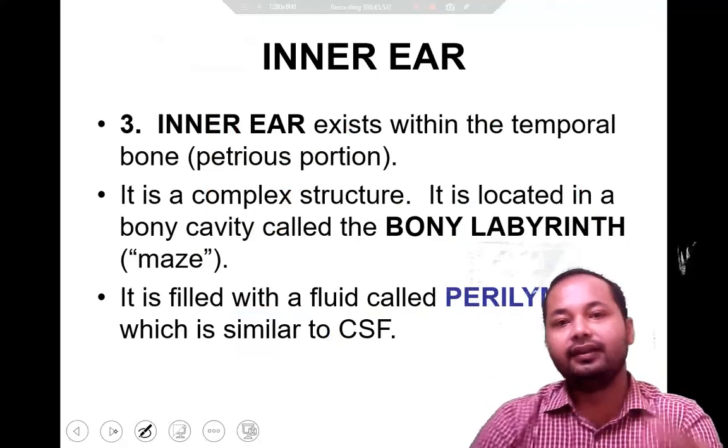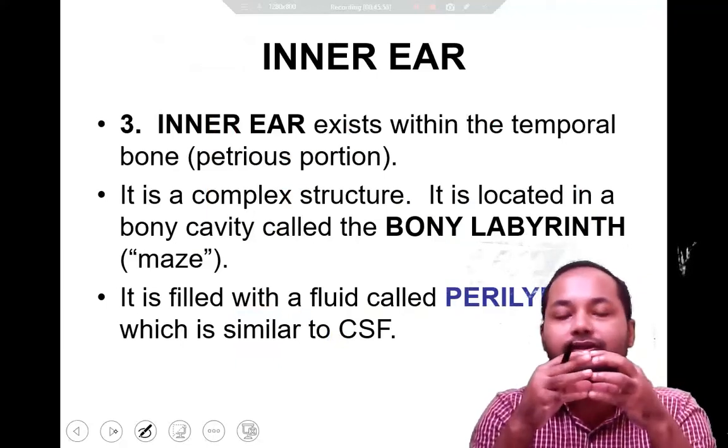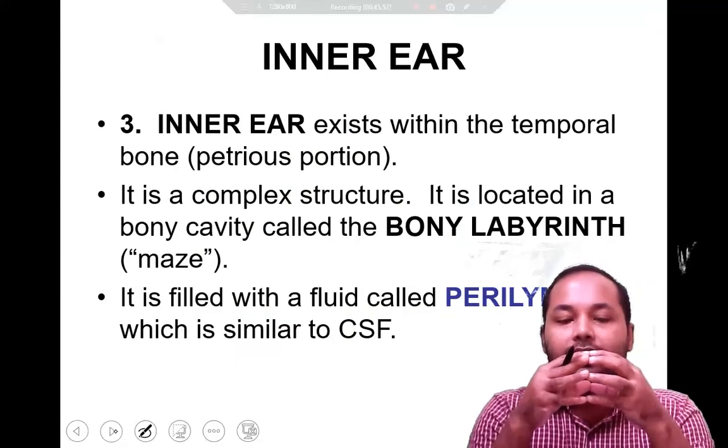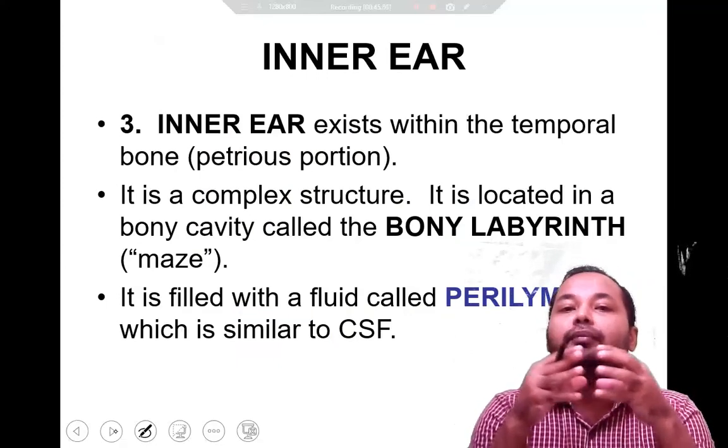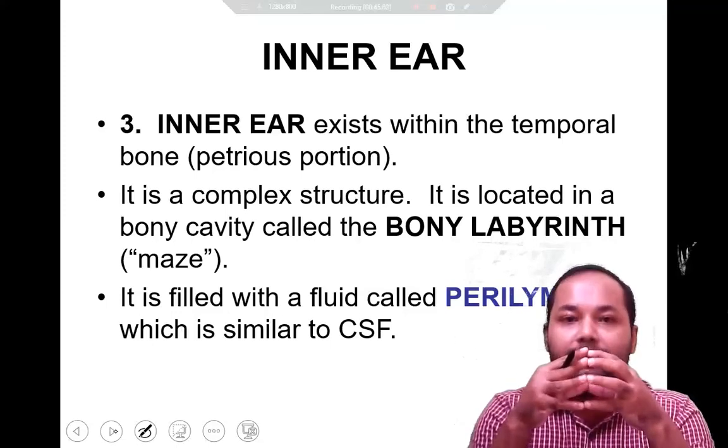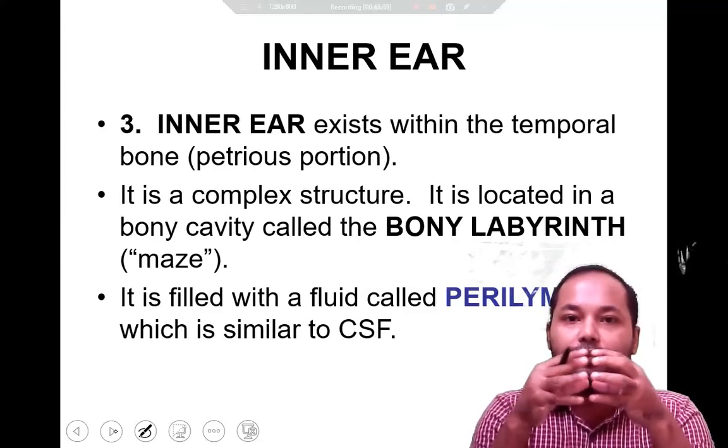The inner ear has an apparatus called the cochlea, and the entire thing is lodged in an area of approximately 1.8 millimeter.